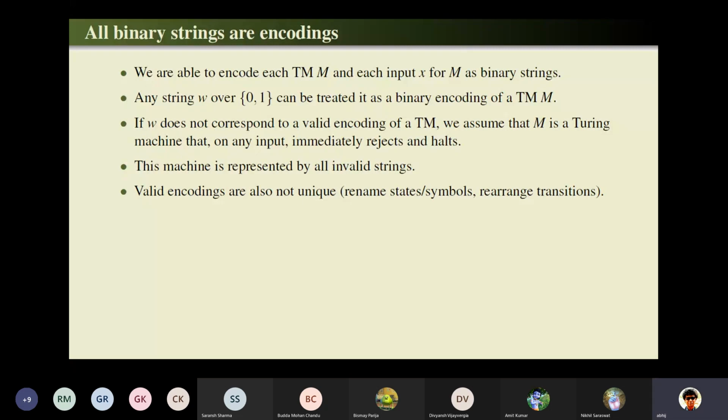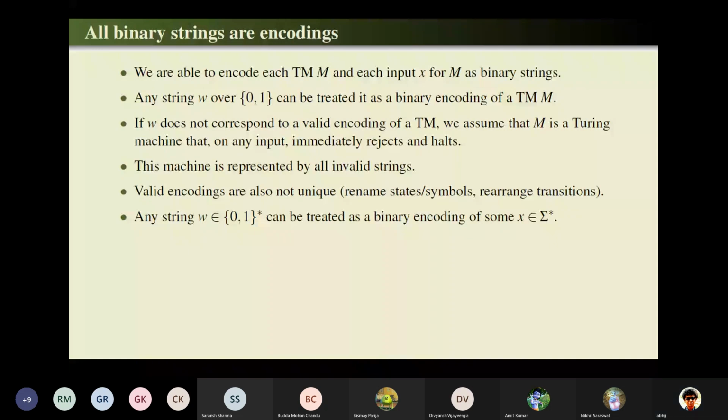And the second important thing is that any binary string can be thought of as the encoding of a Turing machine, even if that is invalid. Likewise, any binary string can be treated as the encoding of some input for that Turing machine.